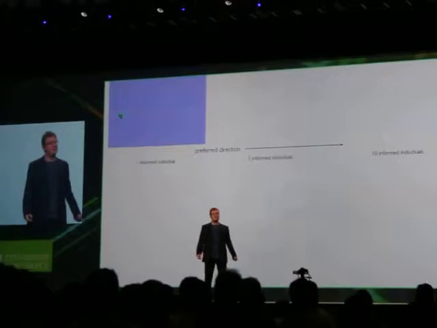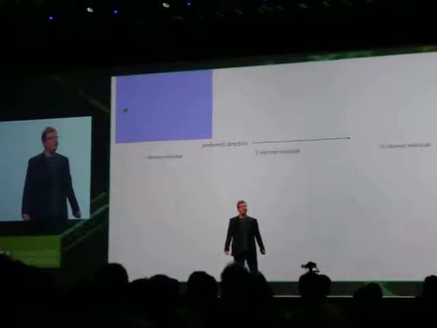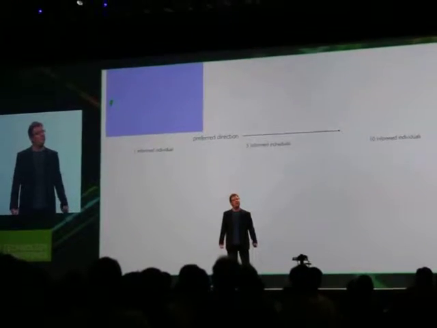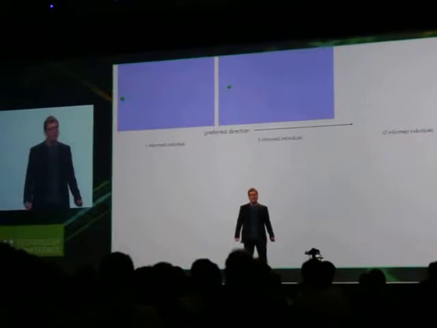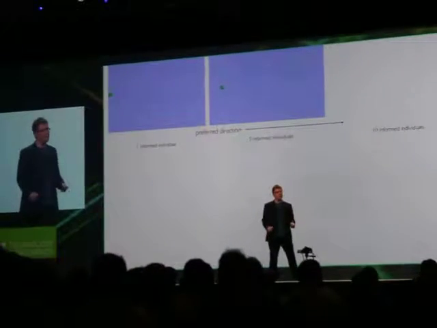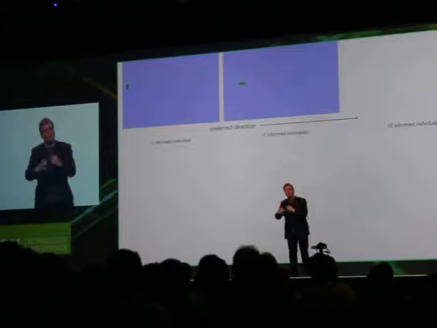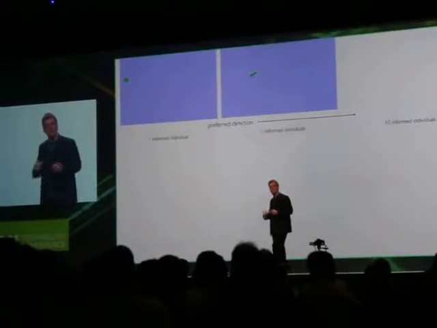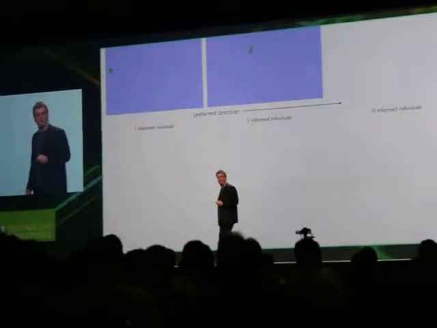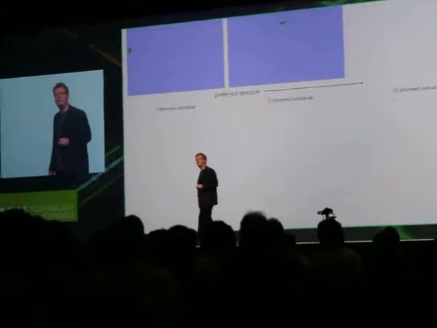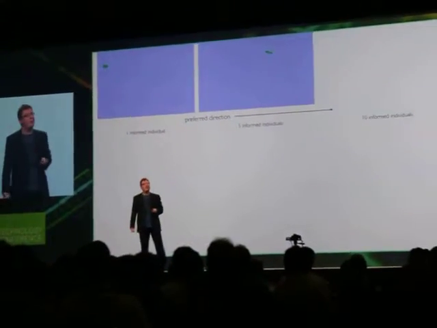If we look first at 1 informed individual, you can see it's not really able to guide the group in its preferred direction. Whereas if we look at 5 informed individuals, after an initial period of reorganization, you can see that information gets propagated and the group kind of moves in the right direction. And if we have 10, then suddenly and spontaneously the information is transferred and the group moves very accurately.